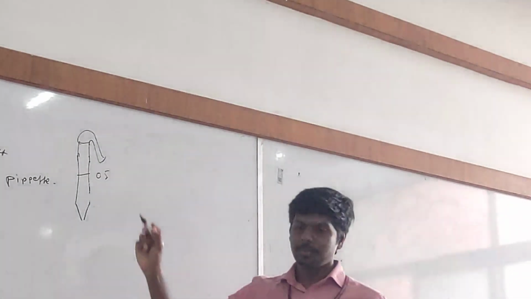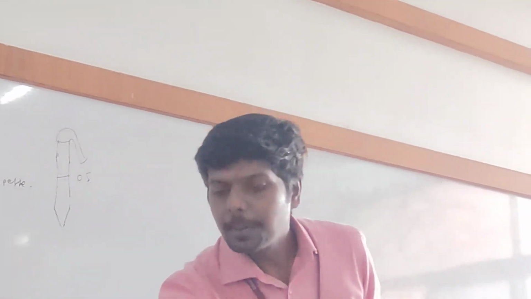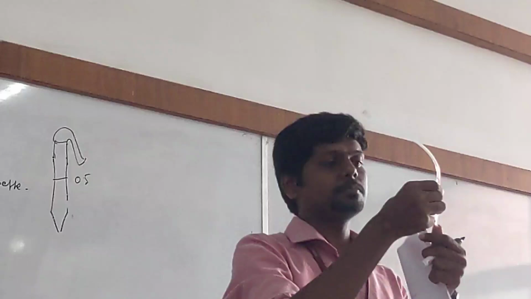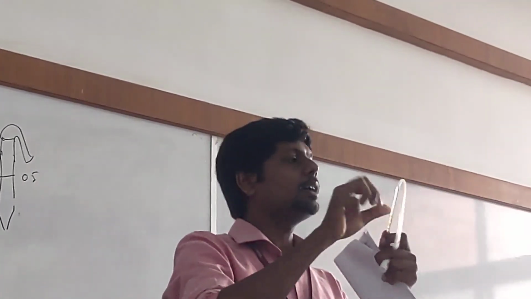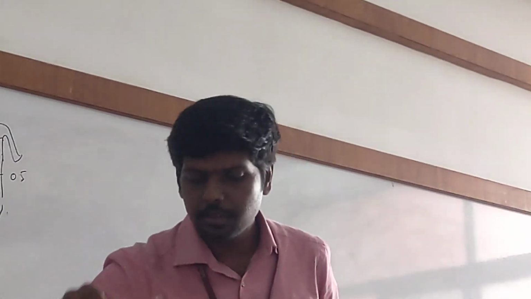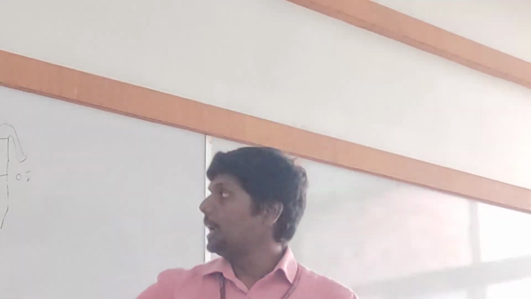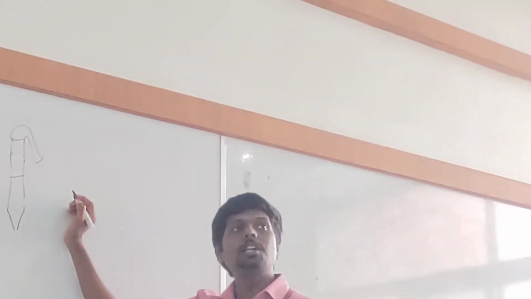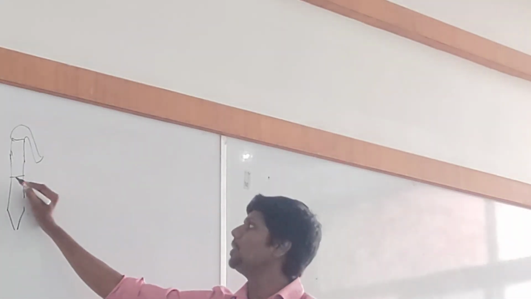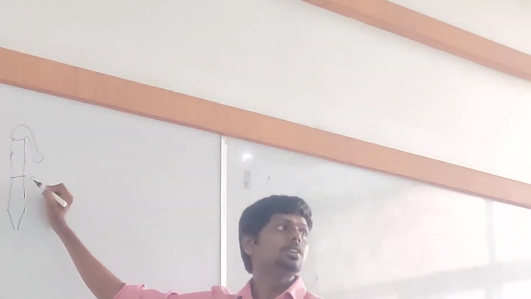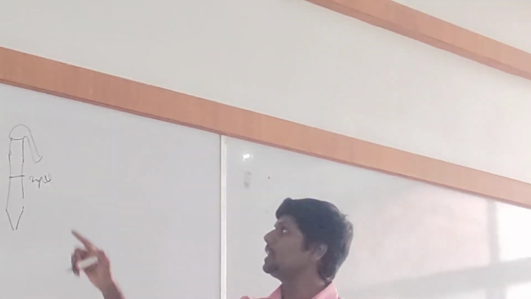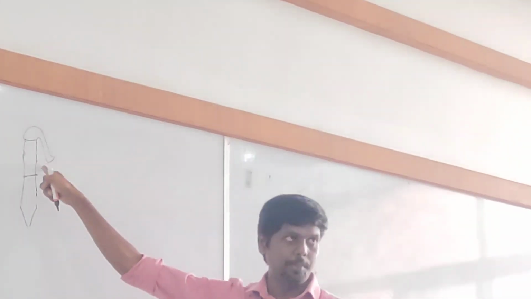Do you remember? See here. The upper marking of Hb pipette is 50. When you collect blood up to here, how much blood will you draw? 20 microliters. So 20 microliters of blood will be collected in this Hb pipette.